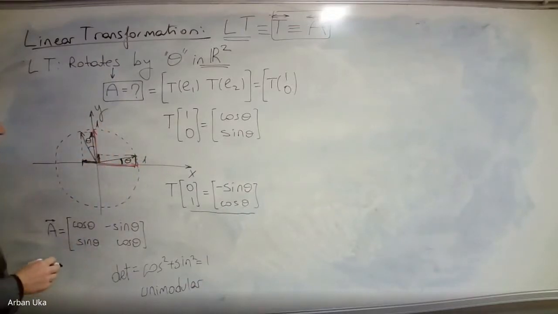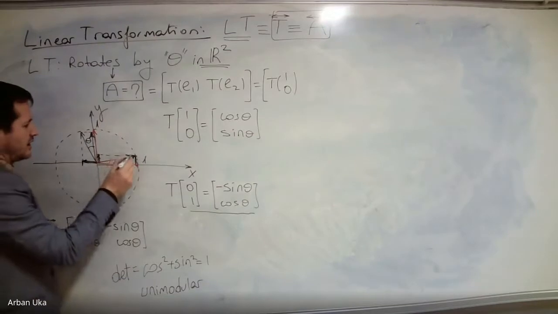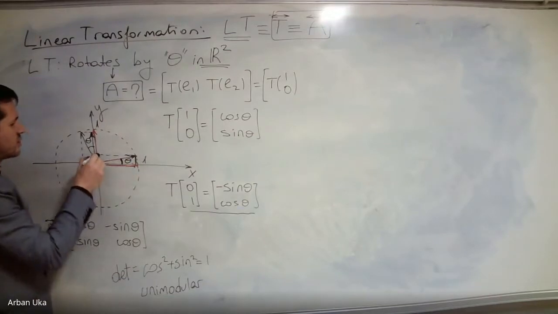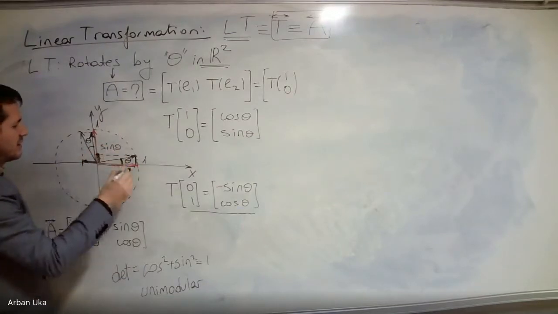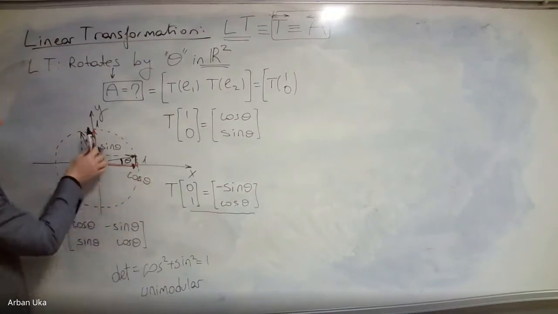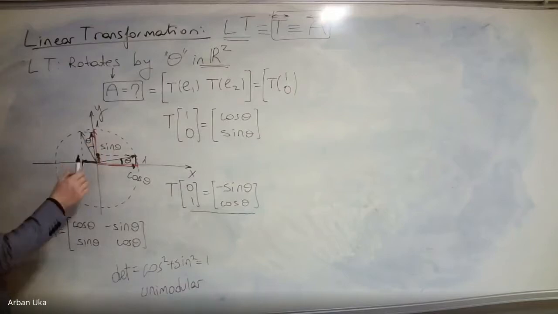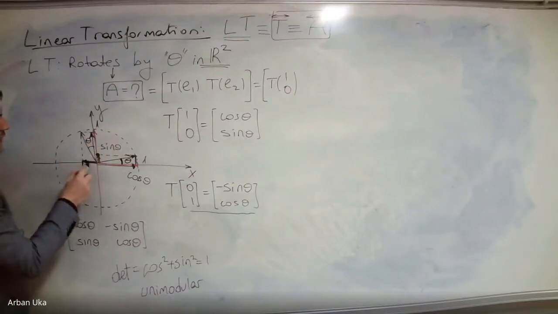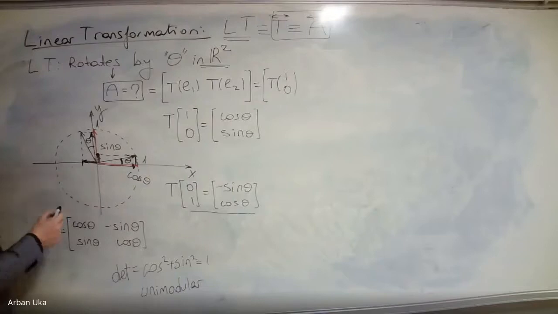If this is a circle with radius 1, this one is sine theta, and the projection down here is cosine theta. Now, if we rotate here by an angle theta, we are moving minus sine theta to the negative value. Is it clear? Okay, yes, thank you.